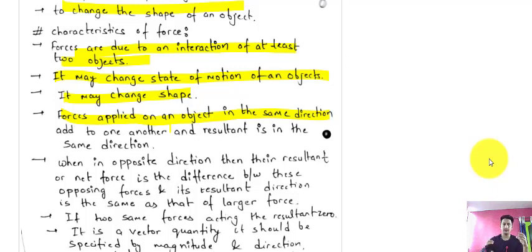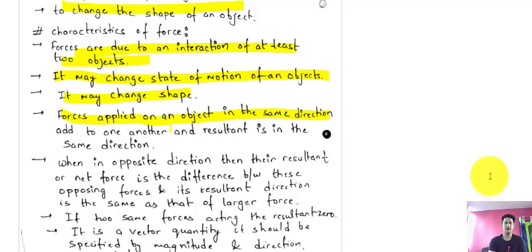Now another force has been applied in the same direction, so the resultant force is the addition of these two forces. If they are in the same direction, then their magnitudes will be added. The resultant force will be the sum of the two forces when the forces are in the same direction.